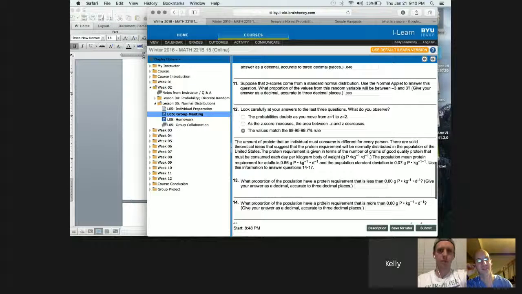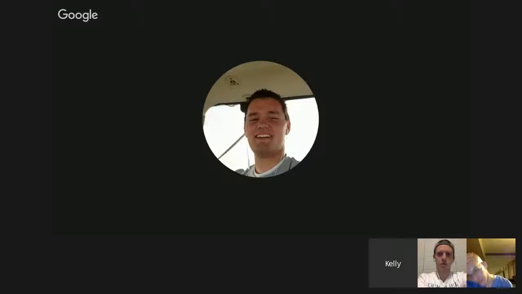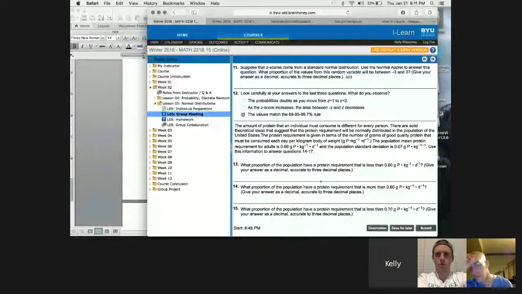What proportion of the population have a protein requirement of less than 0.6 grams? If your answer is a decimal, use 3 decimal places. Okay. So the mean is 0.66 and the standard deviation is 0.07, right?